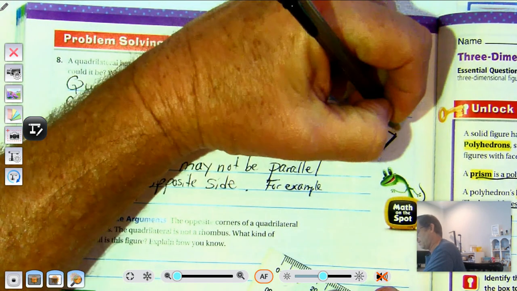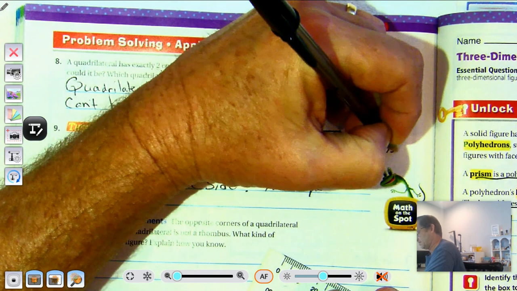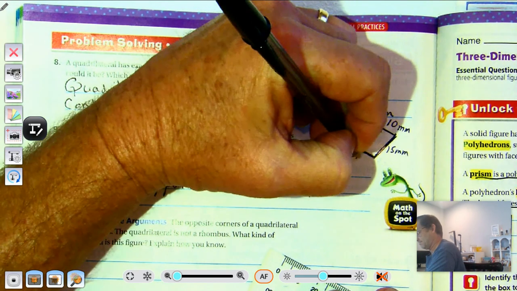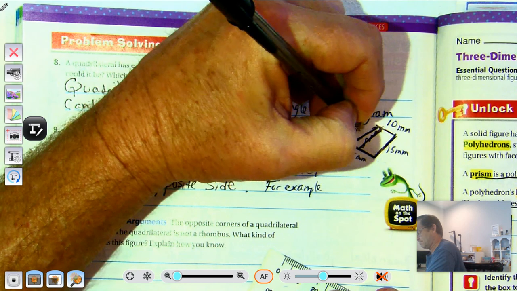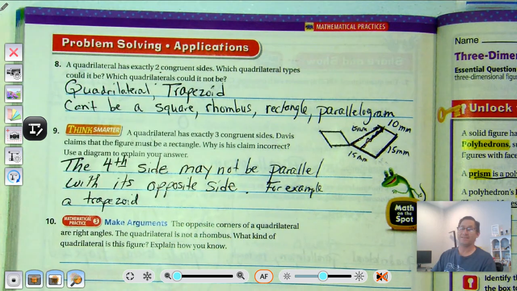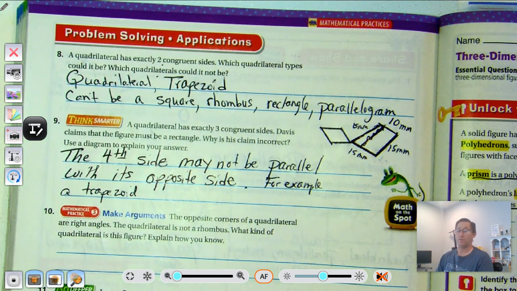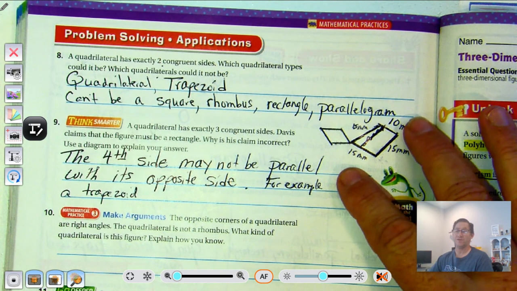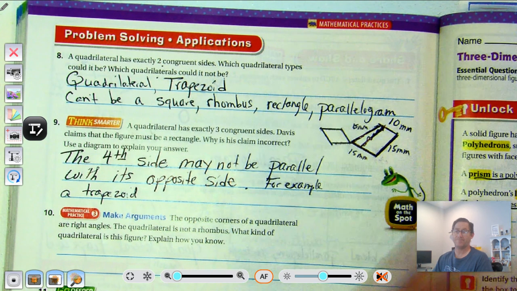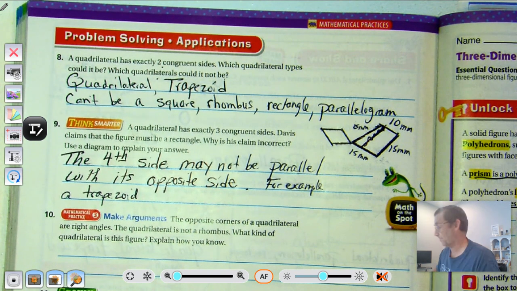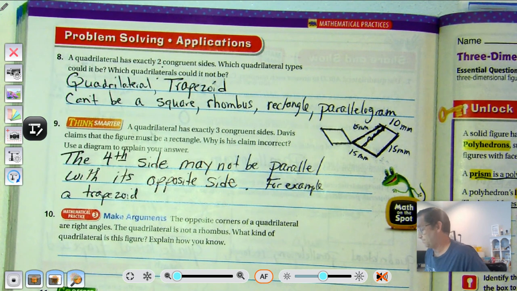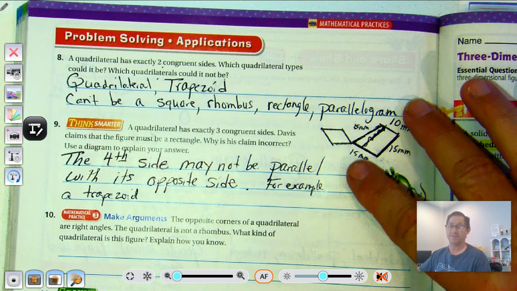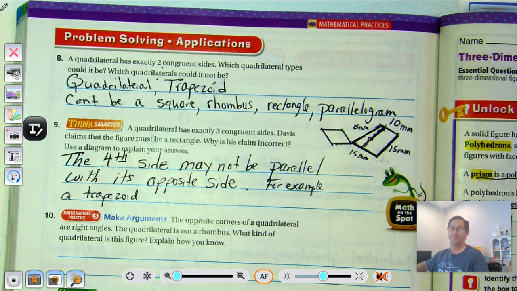So this is 10 millimeters and everything else is 15. So is that a rectangle? No, because these 2 sides are not congruent. Okay. But I could call it a trapezoid because these 2 sides are parallel.